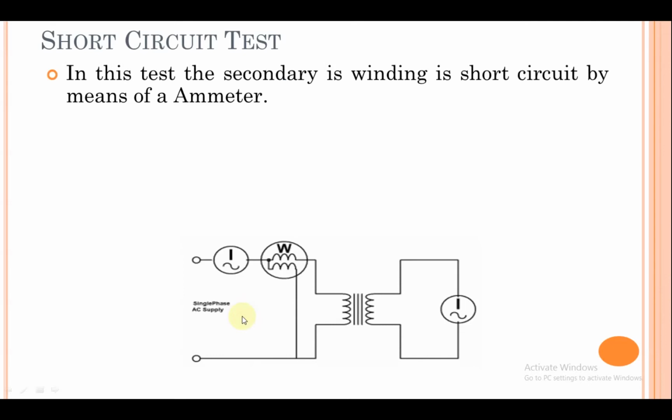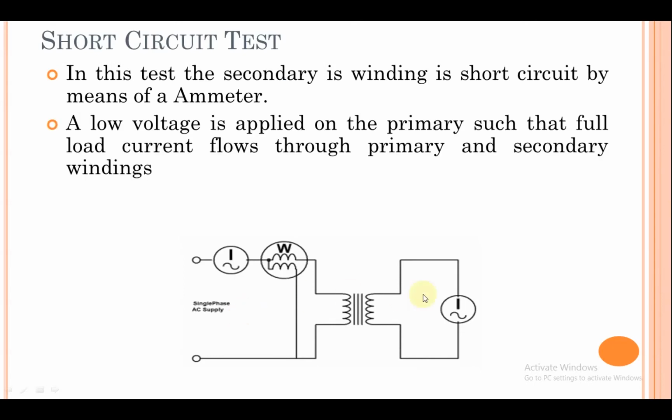Then we have the short circuit test. For the short circuit test, we will connect the low voltage side at the input, and we will short circuit the high voltage side by means of an ammeter, and a low voltage is applied to the primary such that the full load current flows through the primary and secondary of the winding.